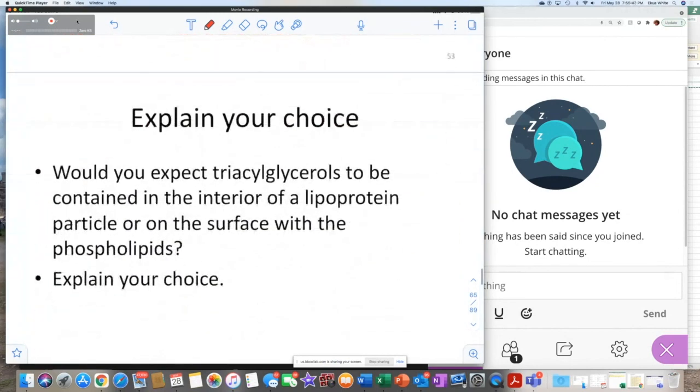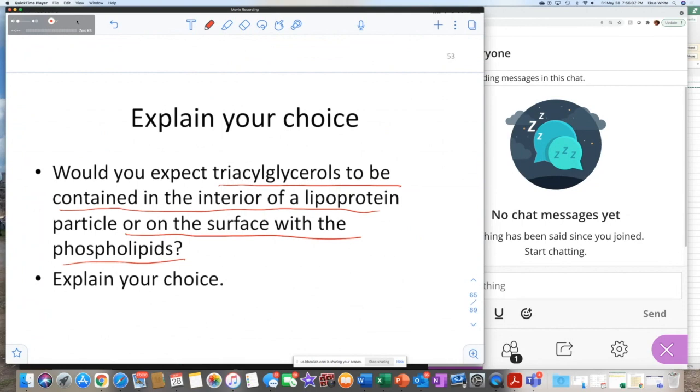Okay. Would you expect a triacylglycerol to be contained in the interior of a lipoprotein particle or on the surface of the phospholipid? Oh, we haven't even talked about lipoprotein yet. Excuse me. Yeah, a triacylglycerol.